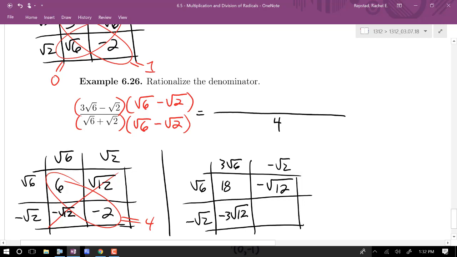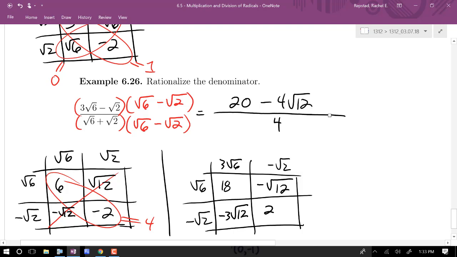And negative root 2 times a negative root 2? 2. Again, we have our like terms arranged on both diagonals here. The radicals don't cancel each other this time, but we don't care about that. We're totally fine with having radicals up top. We just wanted to get rid of them on the bottom. So we have 18 plus 2, which is 20, and then minus 4 root 12.